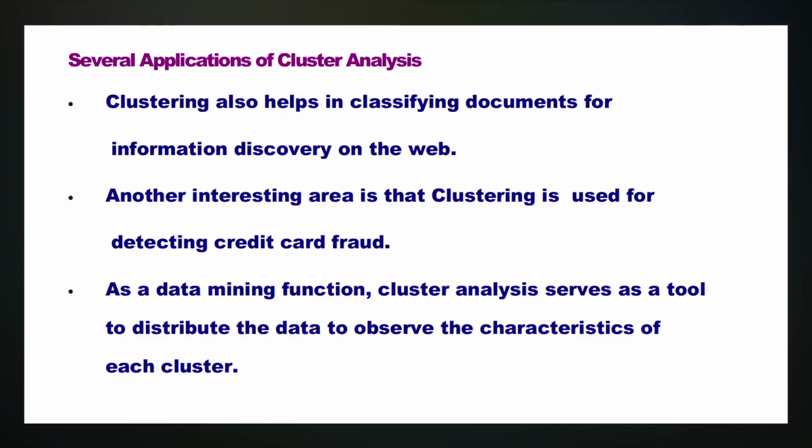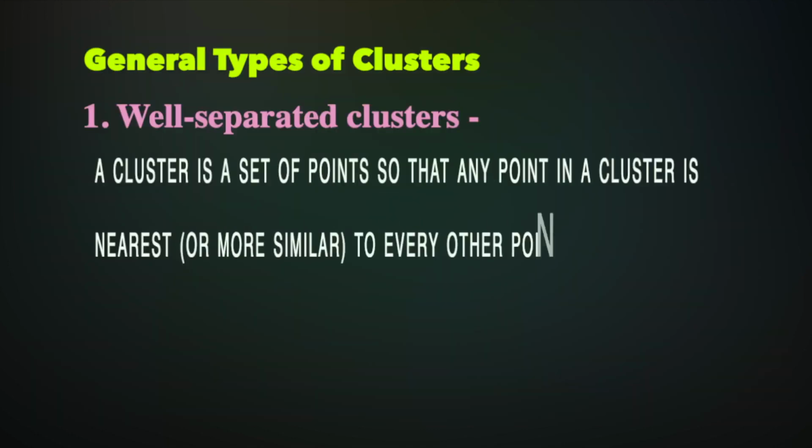Clustering also helps in classifying the documents for information discovery on the web. Another interesting area is that clustering is used for detecting credit card fraud also. As a data mining function, cluster analysis serves as a tool to distribute the data to observe the characteristics of each cluster.